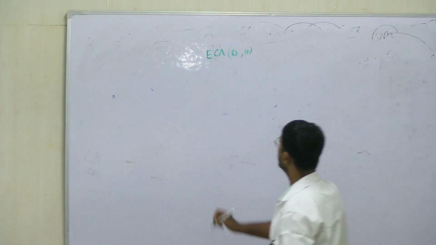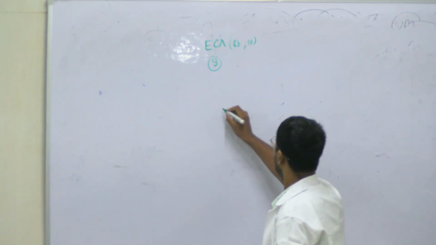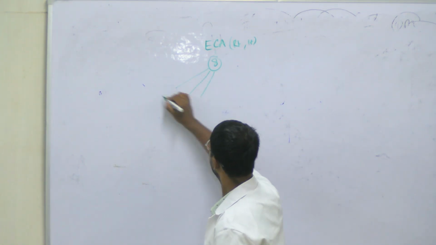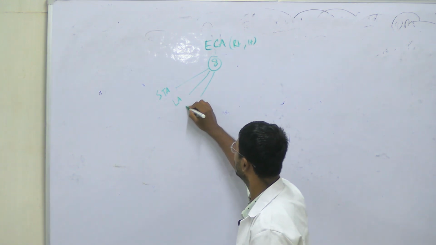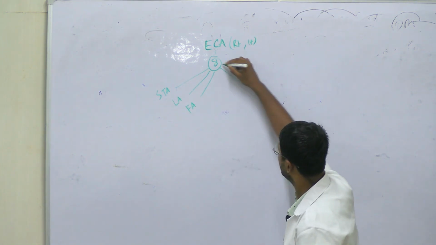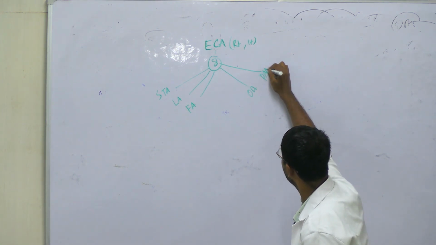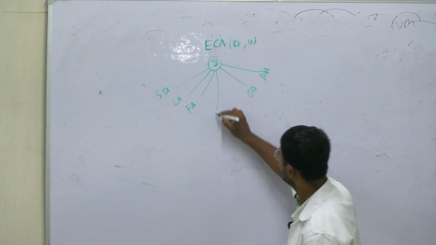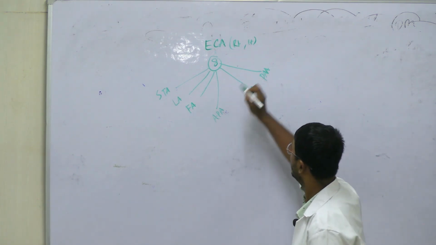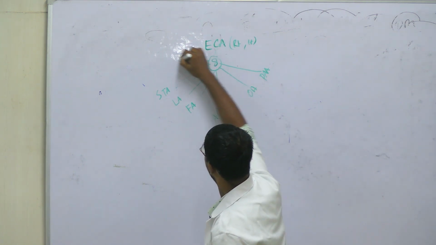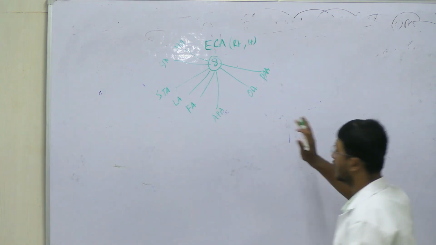So this external carotid artery will be giving 8 branches: 3 anterior branches, superior thyroid artery, then your lingual artery and your facial artery; 2 posterior branches, occipital artery, posterior auricular artery; 1 medial branch, that is your ascending pharyngeal artery; and 2 terminal branches. One is your superficial temporal artery, another one is your maxillary artery. So these are the 8 arteries.